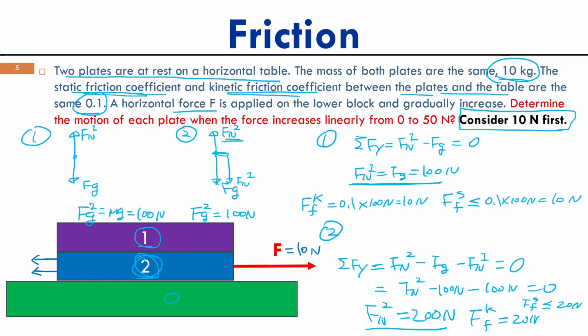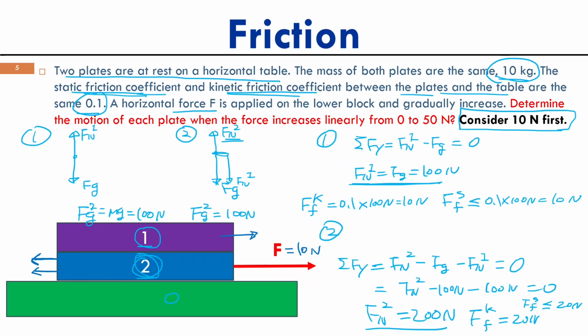Let's evaluate this situation. If there is a friction force between 1 and 2, let's assume 1 applies a resisting force to 2. As a reaction, 2 is going to provide the same amount of force to 1 in the opposite direction. And this is the only force on 1, so 1 is going to move.